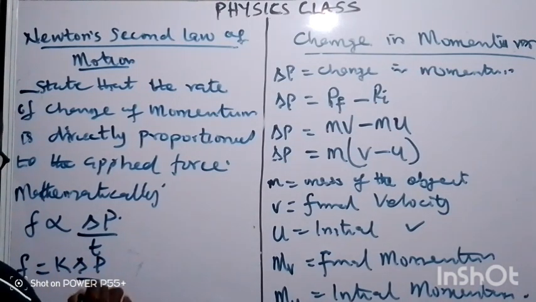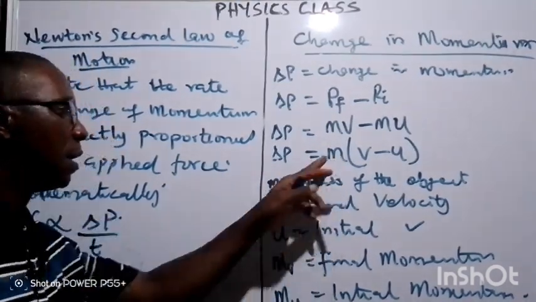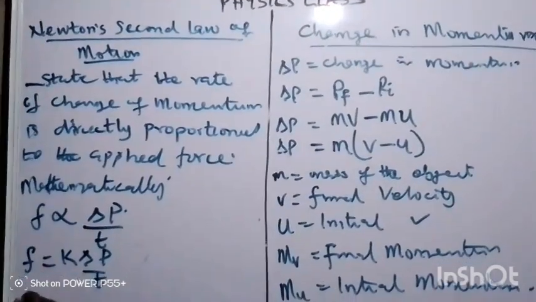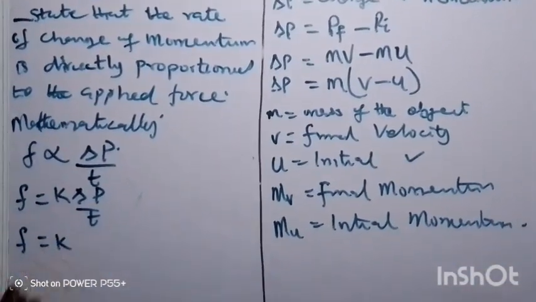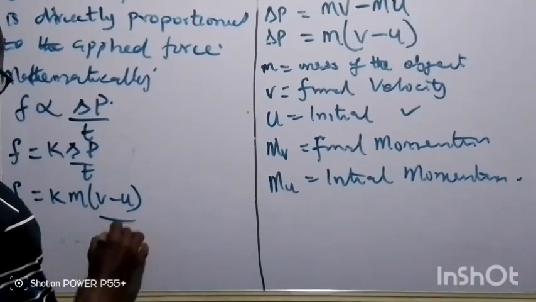So substitute the change in momentum from this formula for delta P. We are going to have F is equal to k times m into v minus u, then over t.